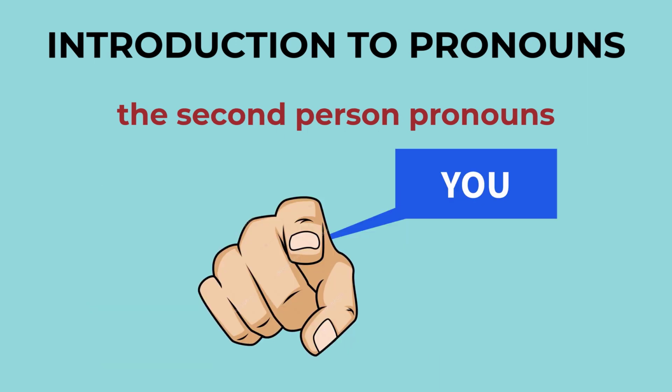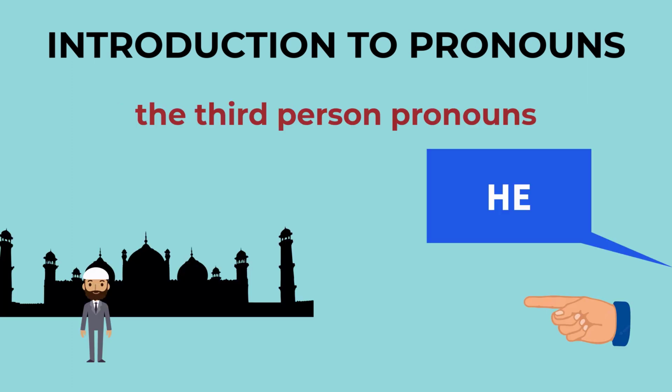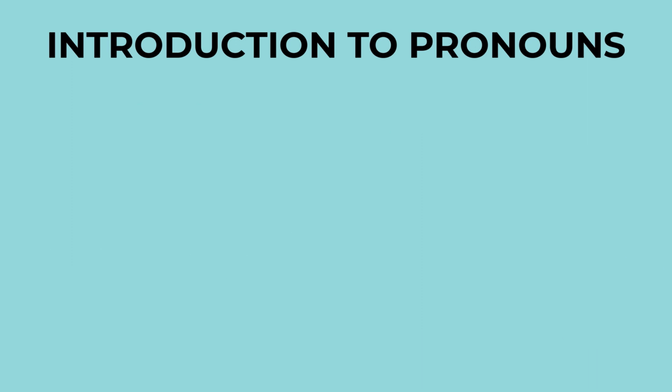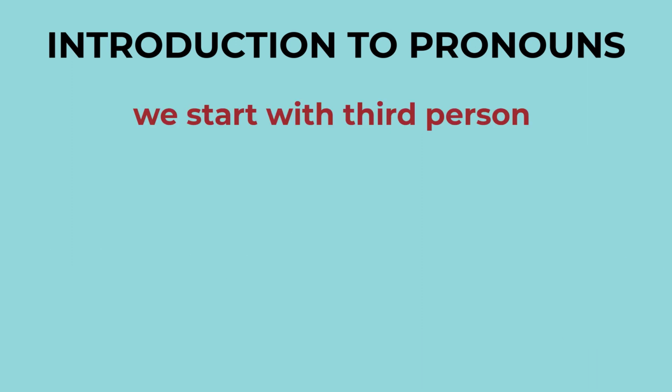A pronoun that refers to the hearer is second person. And a pronoun that refers to somebody who's not in front of us, who's in another room or away, we call third person. Are you with me? We always start the pronoun with the third person.